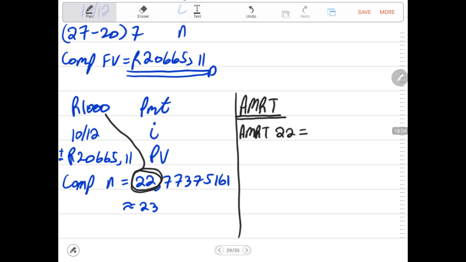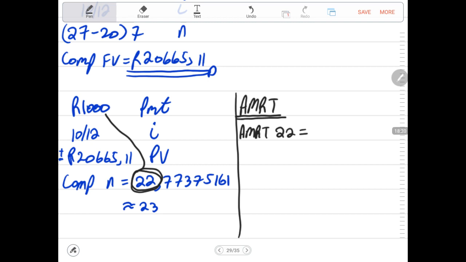Then we have our 19,000, we have 20,665.11 as our plus minus present value. We have 10 divided by 12 as our interest. We compute our n. Yes, 22.77.